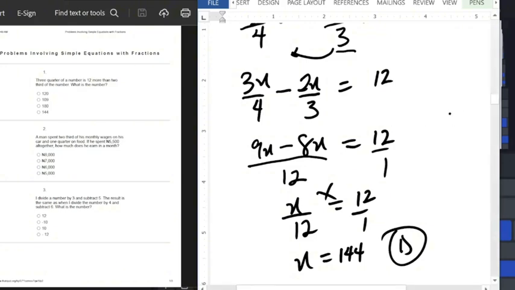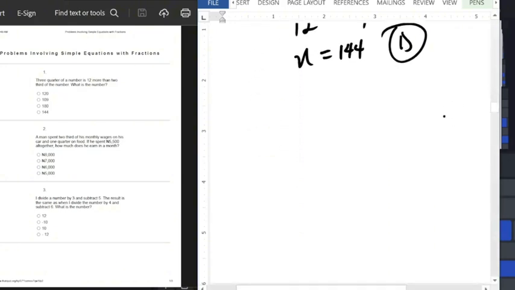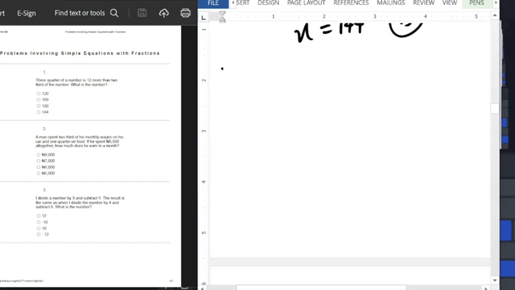So question 2. We have a man spent 2/3 of his monthly wages on his car and 1/4 on food. If he spent 5,500 altogether, how much does he earn in a month?